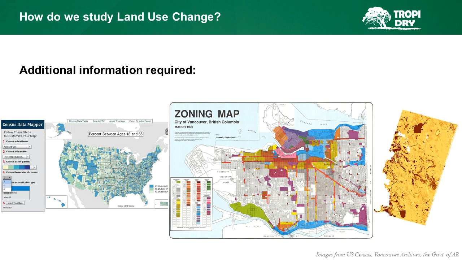This can include information such as census, population, GDP, industry, or zoning. We can see this on the left and in the middle, where we have a population map and also a zoning map. They provide different sorts of information, but things such as the zoning map can provide a direct description of how the land is intended to be used.